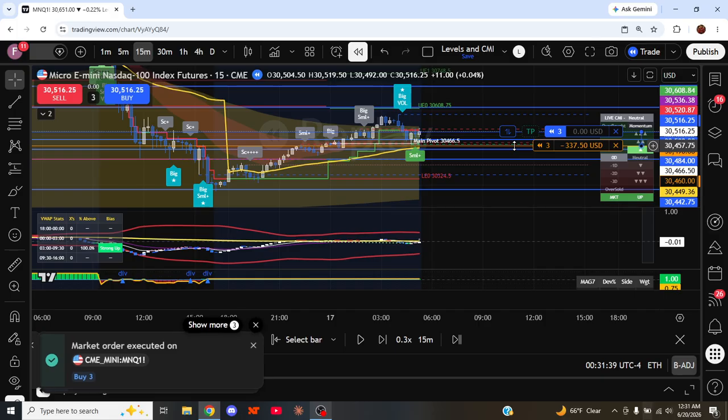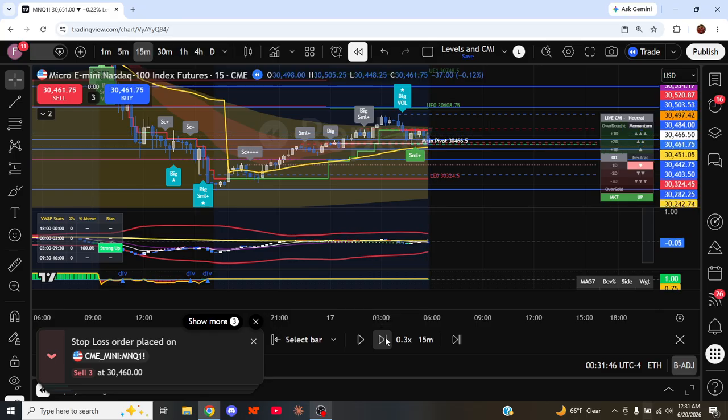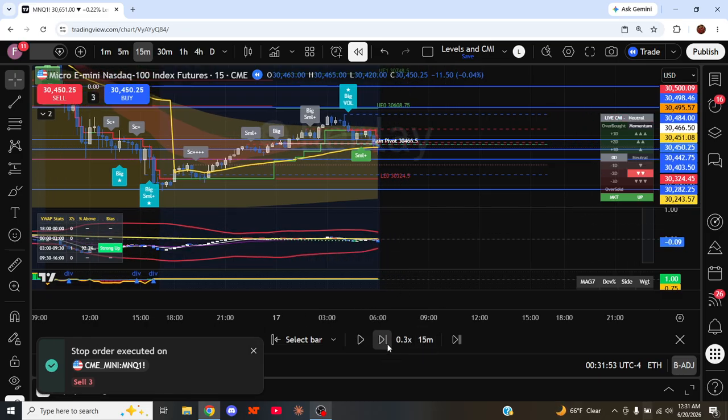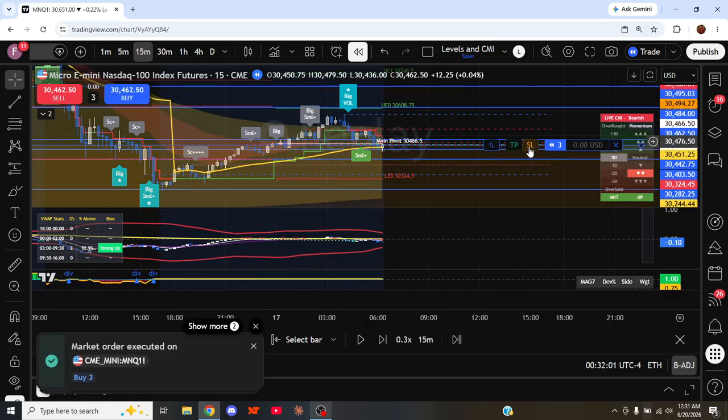Bit of the main pivot. Okay. Go. Ah, damn. Now we're hitting off a VWAP. Again.